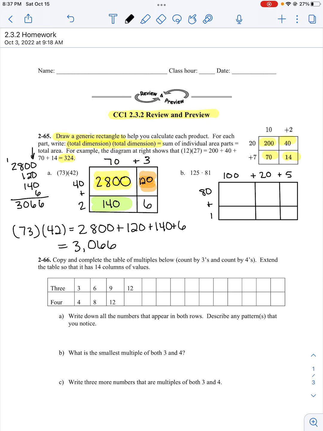So I'm going to start with 80 times 100. 8 times 1 is 8, and there would be 3 zeros. 8 times 2 is 16, and I put 2 zeros for 80 and 20. 8 times 5 is 40, plus another 0 for my 80. 1 times 100 is 100. 1 times 20 is 20. 1 times 5 is 5.